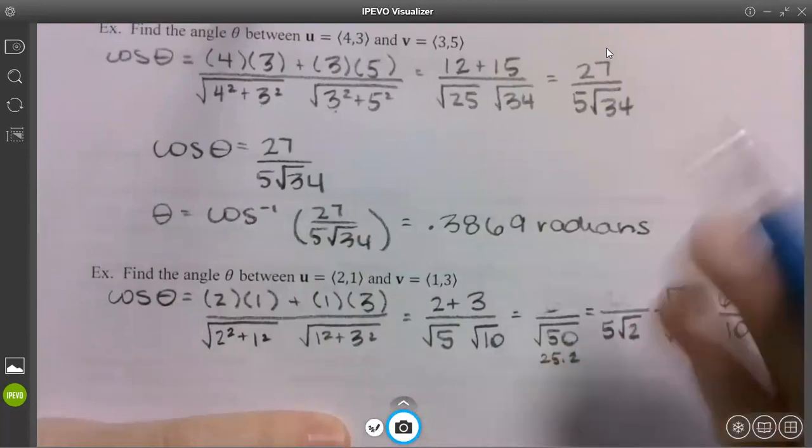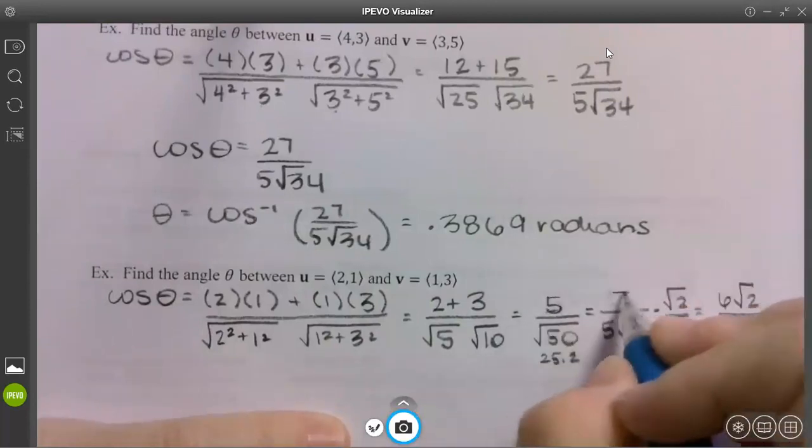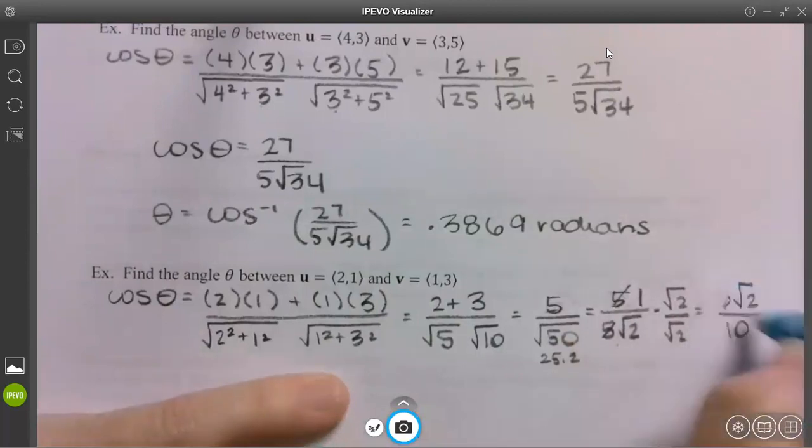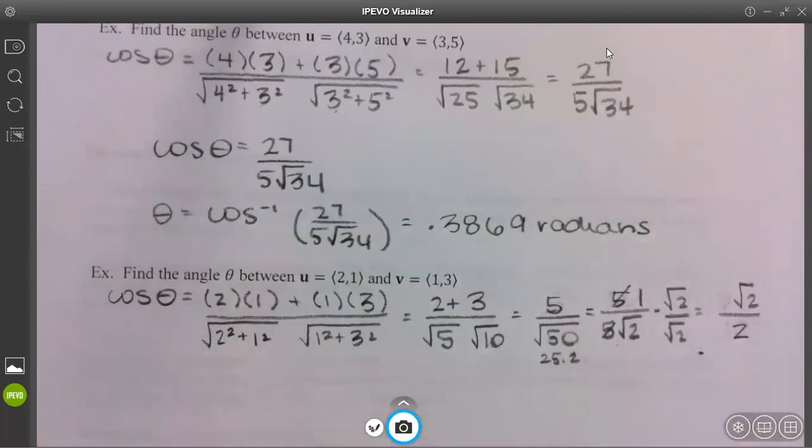That makes a big difference. And those will cancel out to be 1, which gives you square root of 2 over 2. I apologize, Shell. 1 times the square root of 2, and then square root of 2 times square root of 2 is 2. You have cosine theta equals square root of 2 over 2.